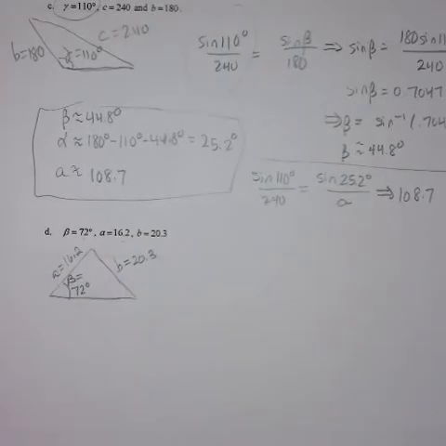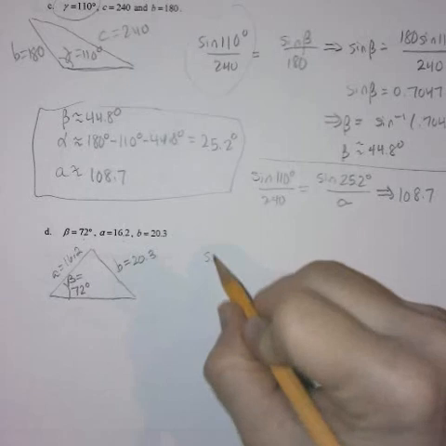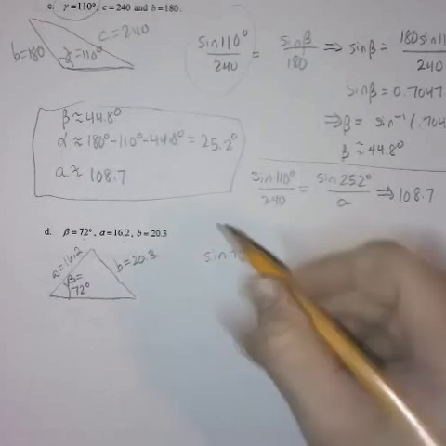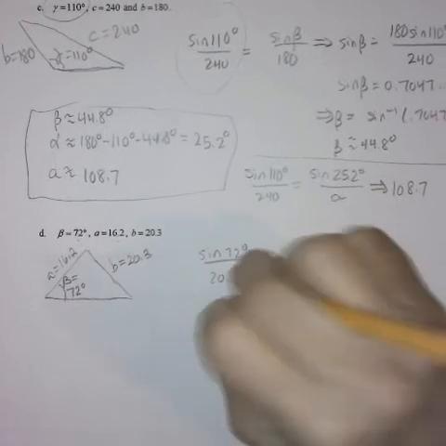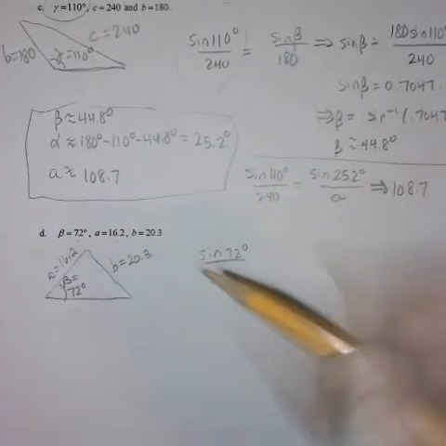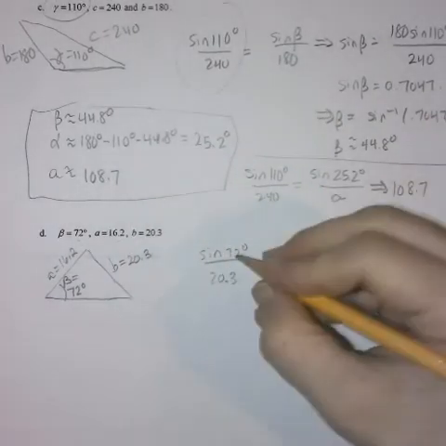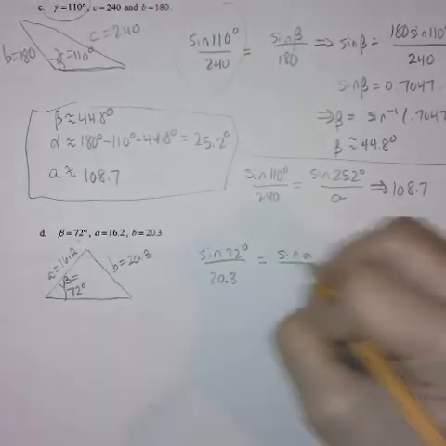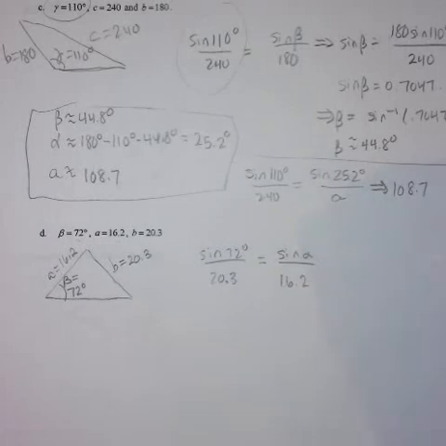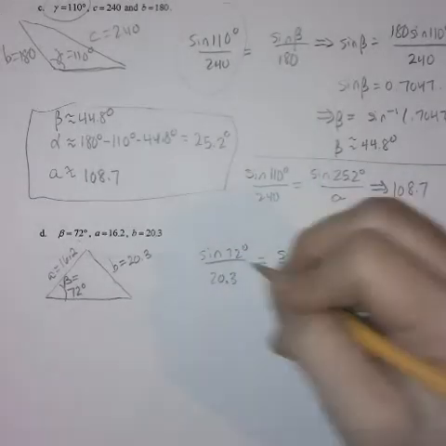Well, let's look at the mathematics. So sine of 72 degrees over 20.3 equals the sine of alpha over 16.2. So cross multiply, divide.